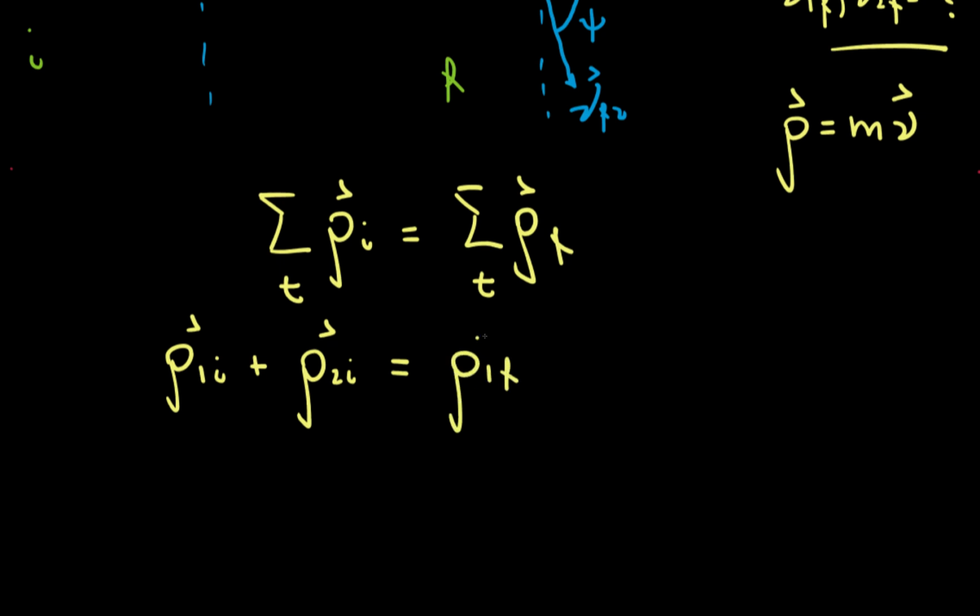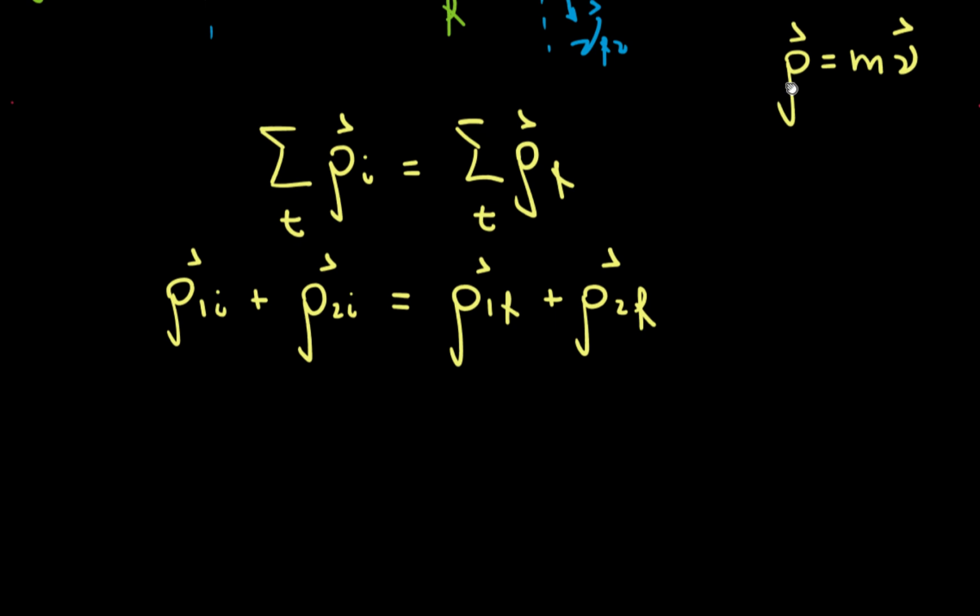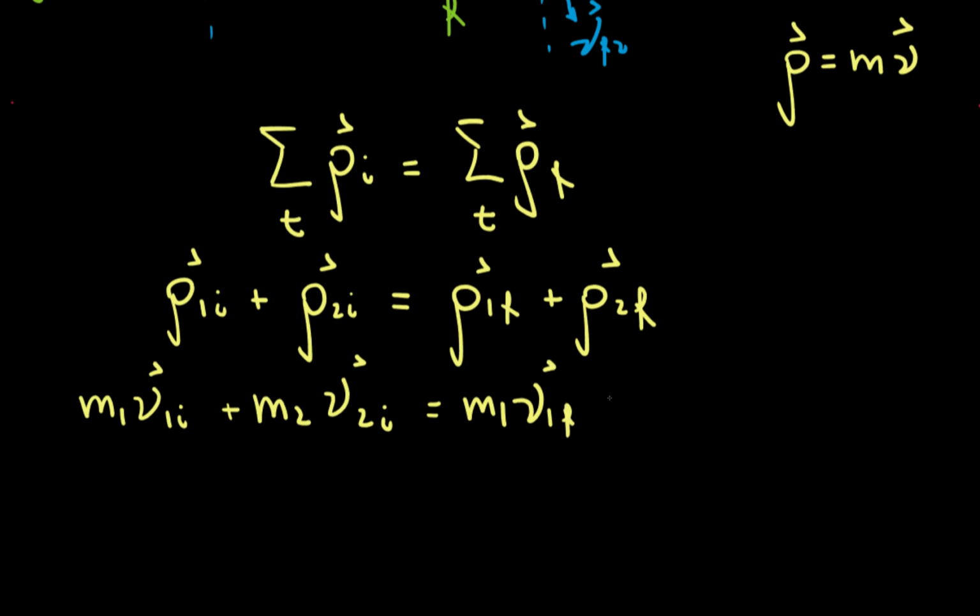Momentum 1 final plus momentum 2 final. Great. Now, every time you see this momentum, it's a mass and a velocity. So we can go ahead and open this up even further. So momentum 1 initial is mass 1, velocity 1 initial, plus mass 2, velocity 2 initial, equals to mass 1, velocity 1 final, plus mass 2, velocity 2 final.